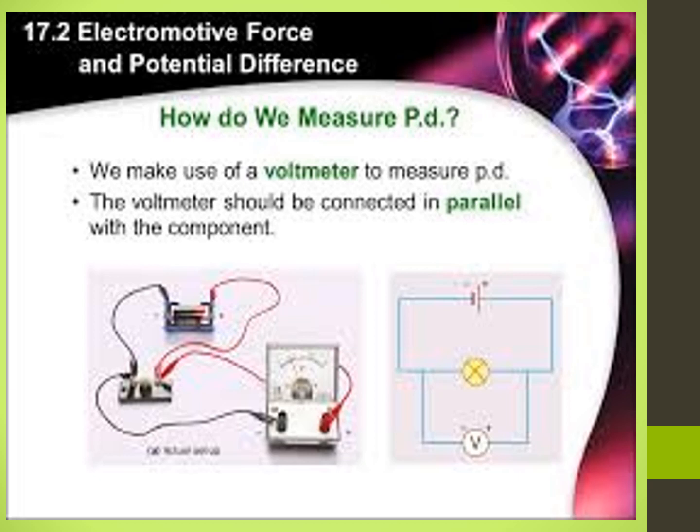Voltmeter is an instrument used to measure the potential difference. To measure the potential difference across a component in a circuit, the voltmeter must be connected in parallel to it.